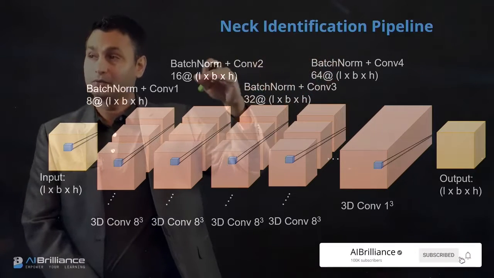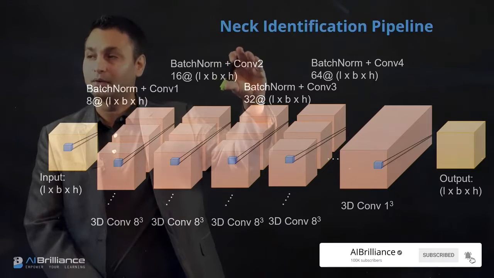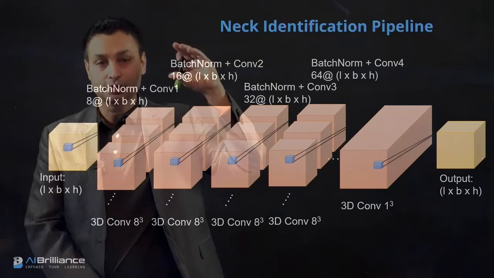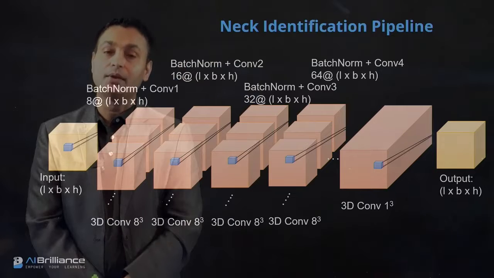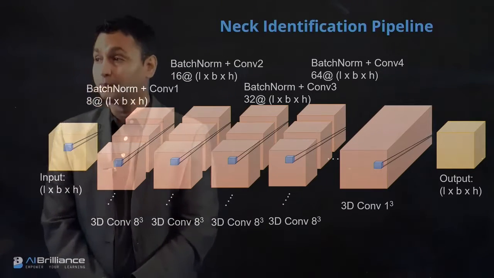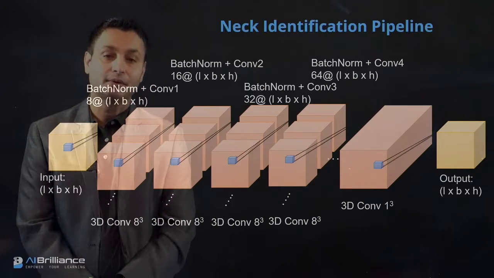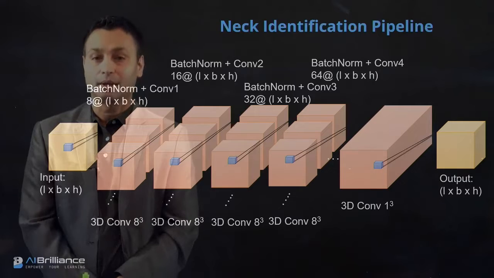Once we identify the neck portion, we can cut and get the 3D model focused on just the aneurysm portion, and from there we can compute the morphological properties, like the bulge diameter and so on, and that helps us in treatment planning.